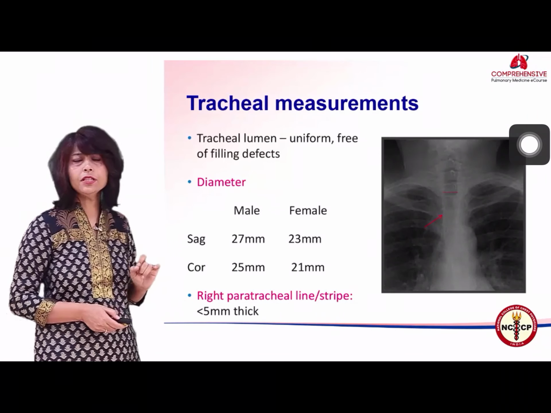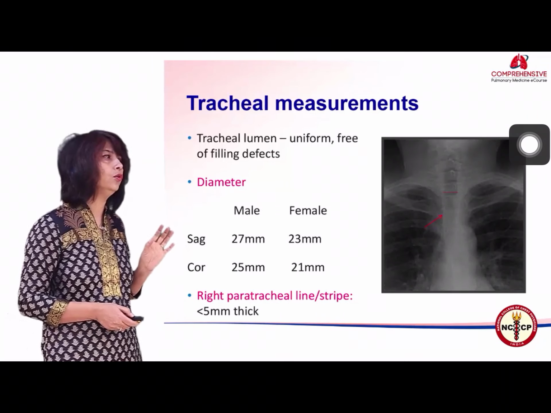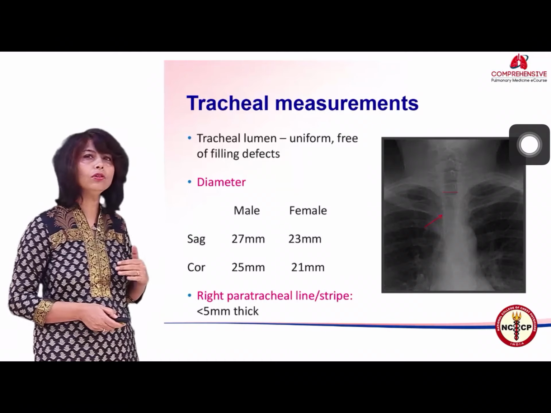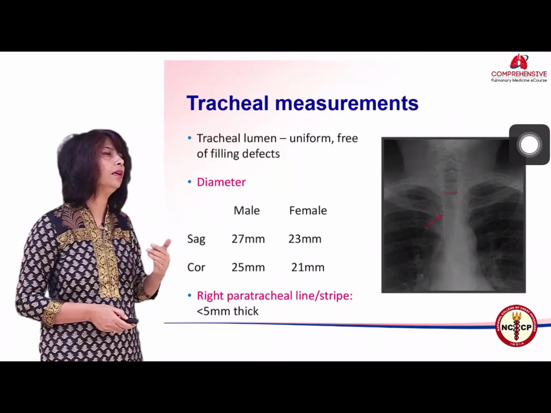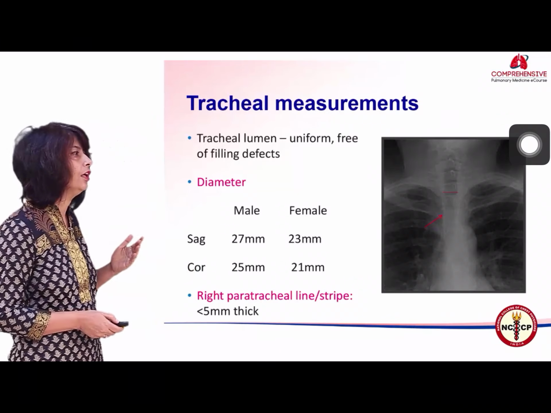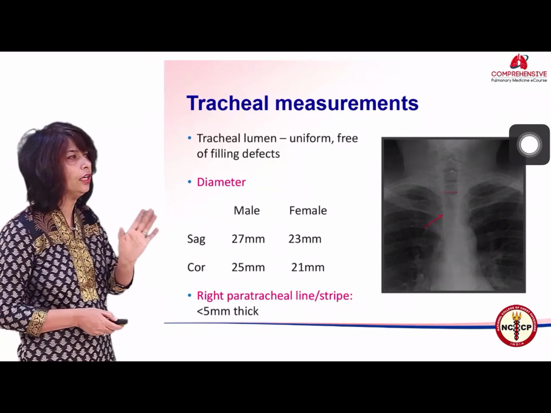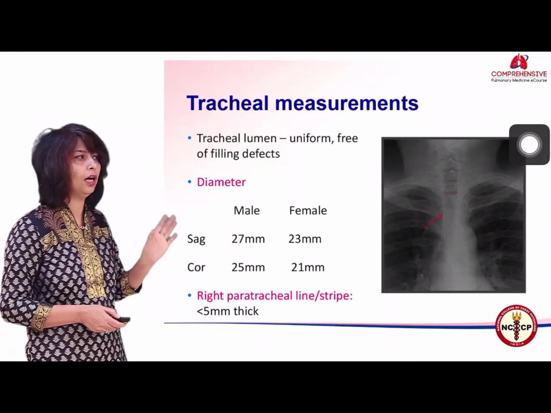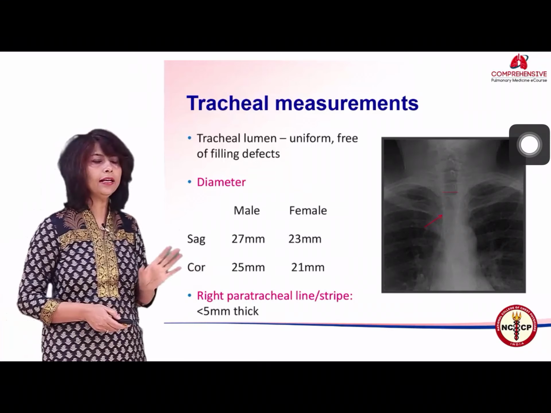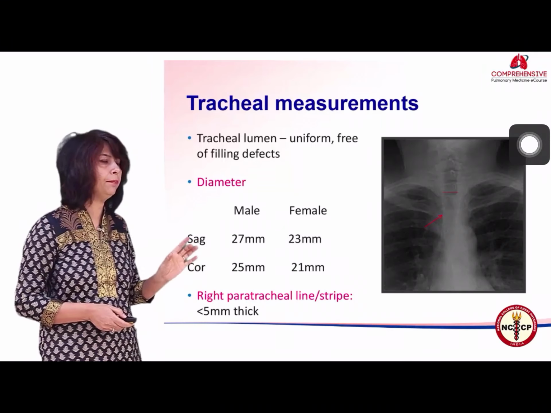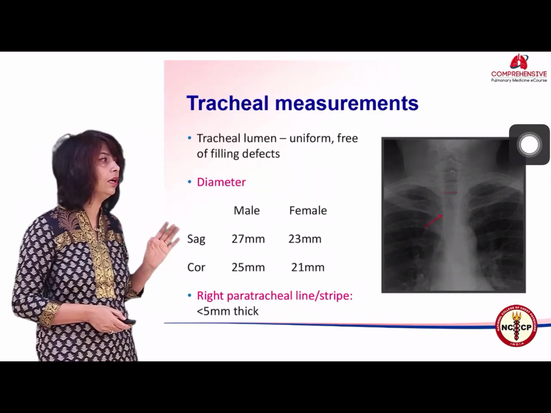There are measurement criteria for the normal tracheal lumen, both on a frontal and a lateral radiograph. The frontal, which means the coronal measurement diameter, is marked for you and is slightly different in male and female, being a little larger in the male.